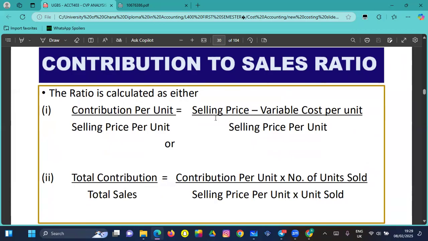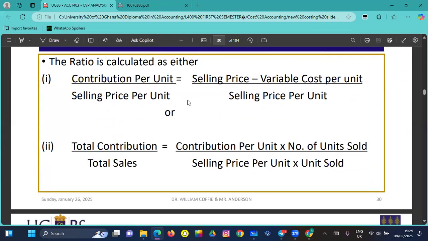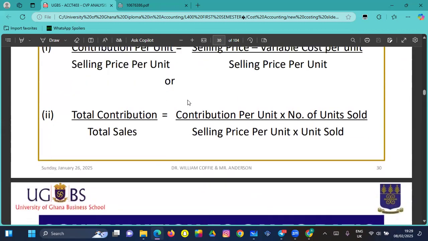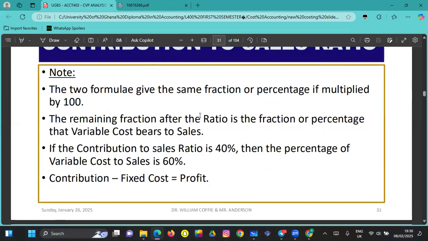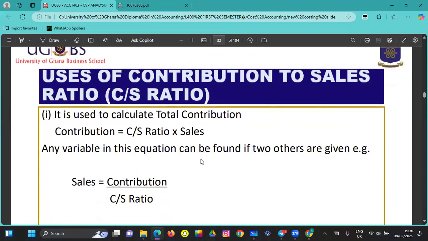So with the contribution to sales ratio that I've also treated already, I said selling price minus the variable cost per unit, over selling price, times 100, right? That will give us the percentage. But if you want the ratio, you will not include the percentage. All right. So this is it.